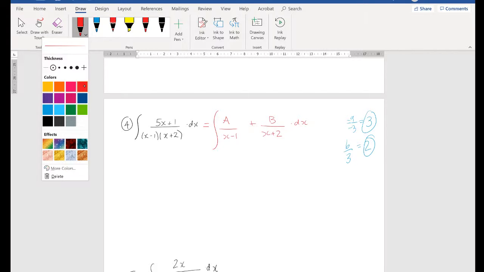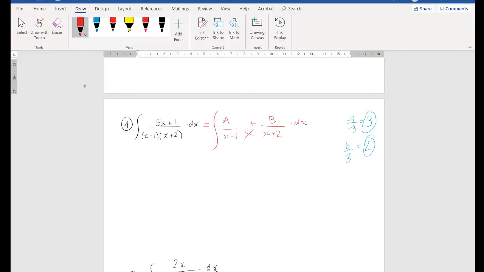So now what we do is we multiply up. I get that 5x plus 1 is equal to A lots of x plus 2, plus B lots of x minus 1.